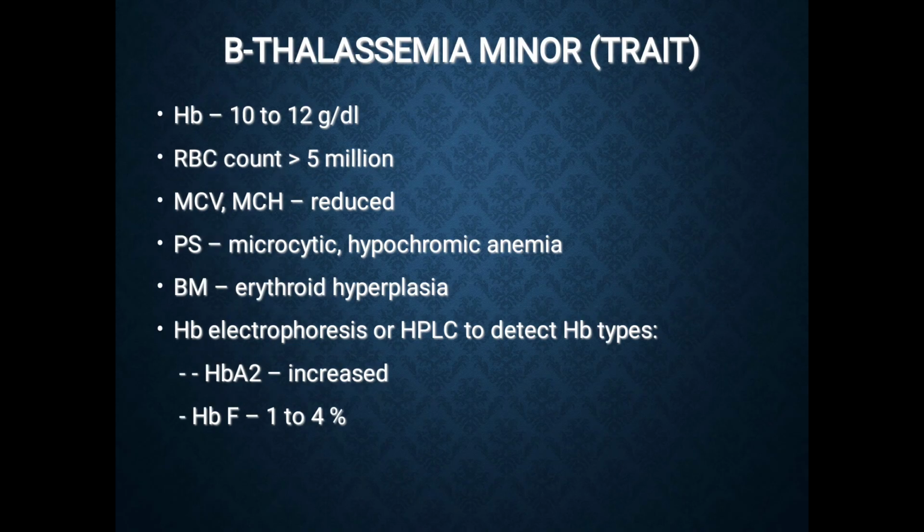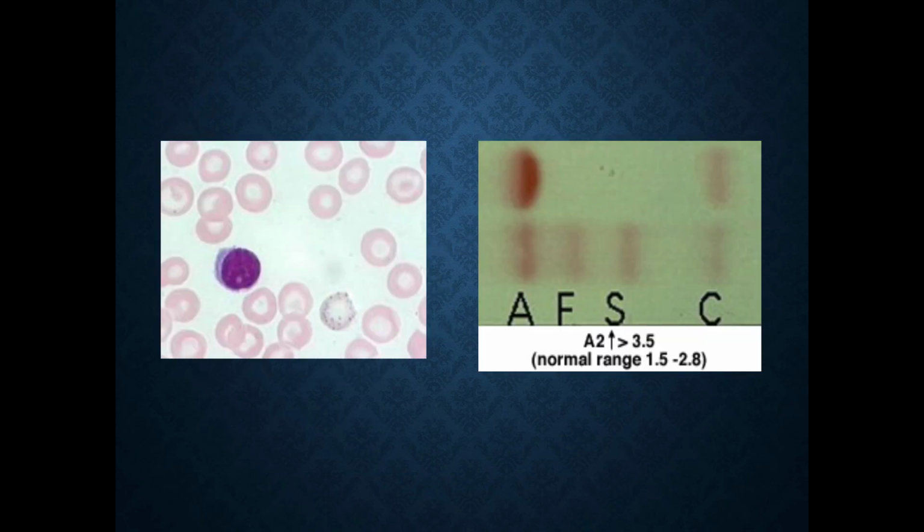These are the other clinical features in the trait, and it's not a very severe case. Here you can see nucleated RBCs and basophilic stippling, and in electrophoresis you can see the HbA2 level is increased.